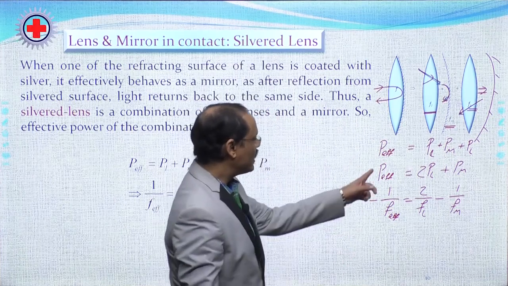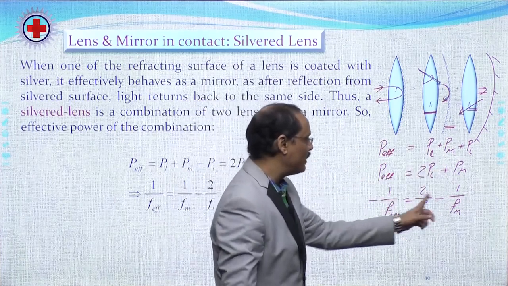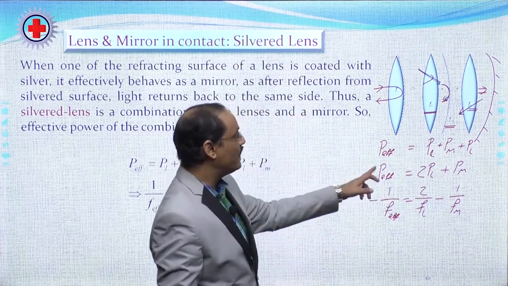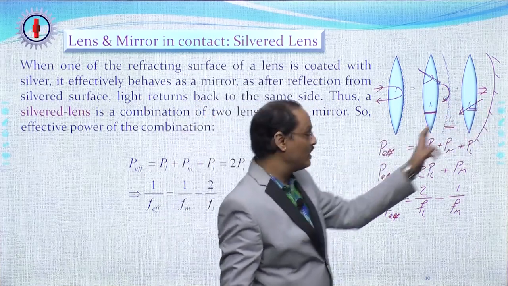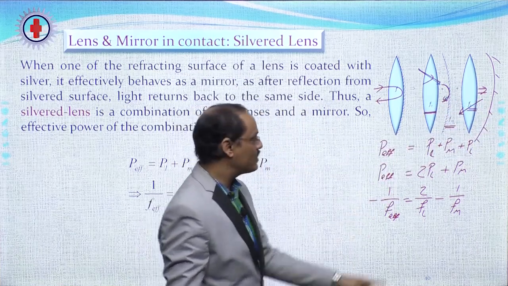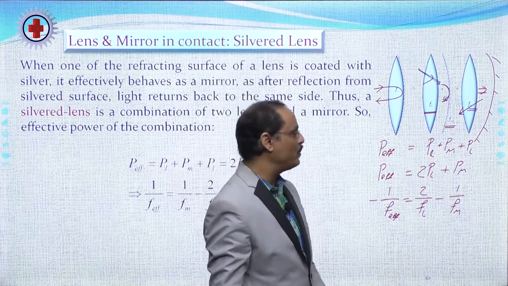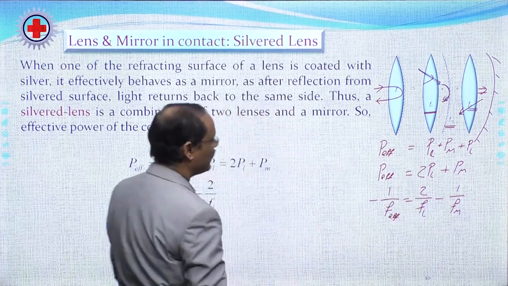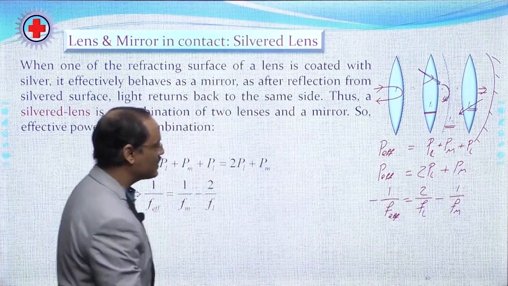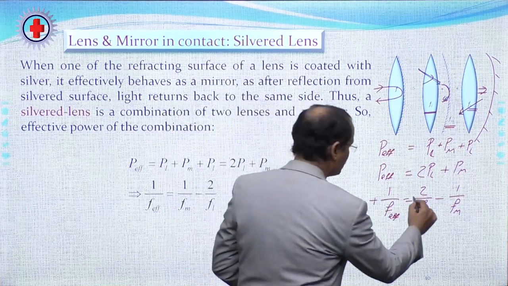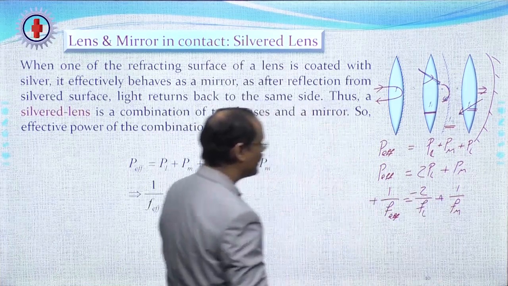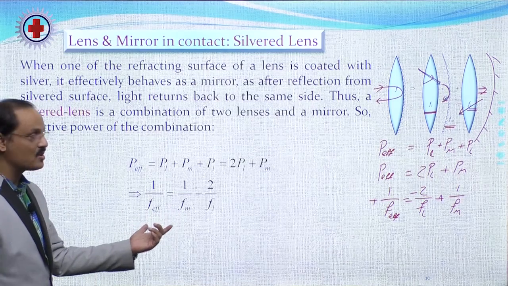Notice, in the case of P effective and PM I have written a minus sign, because effectively it is behaving like a mirror, that is why I put the minus sign, and for the lens it is 2 by FL. If I solve it out, multiply it with a minus sign, then it becomes plus, it becomes minus, it becomes plus, and so is the relation.